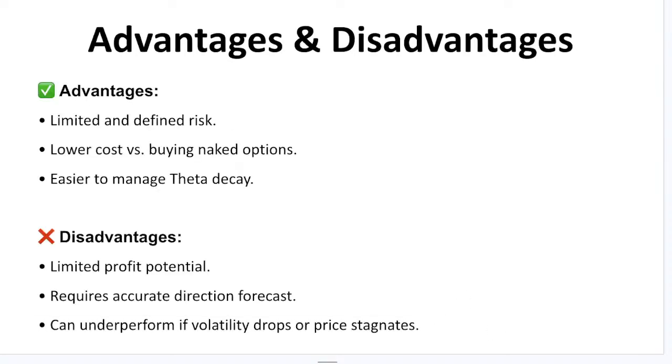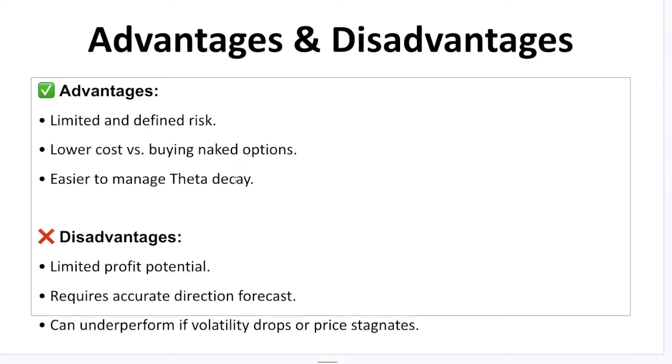Okay, so advantages and disadvantages. Limited and defined risk. Advantage: lower cost versus buying a naked option, which means a straight call or straight put. As in the example just now, if you buy a straight call or straight put, it's $4. So you net off by collecting premium, reducing the cost to $2.